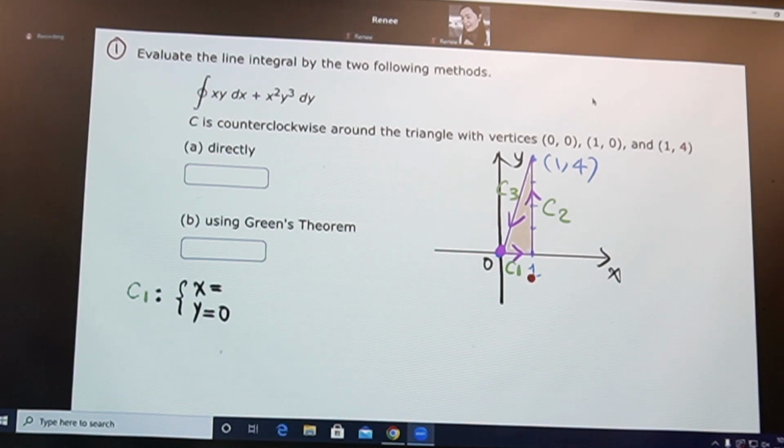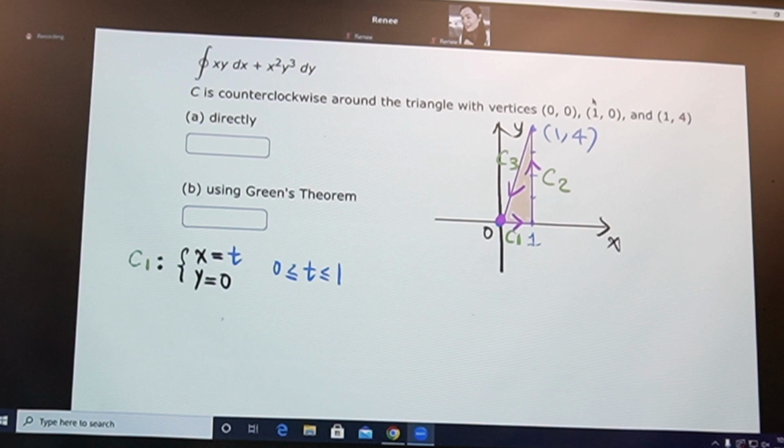Since for the others we use t, how about we use t? We can put x equal to x, but we can also put x equal to t. And the t over here goes from what? From 0 to 1, yeah, you got it. So this is parameterizing this line segment over here.